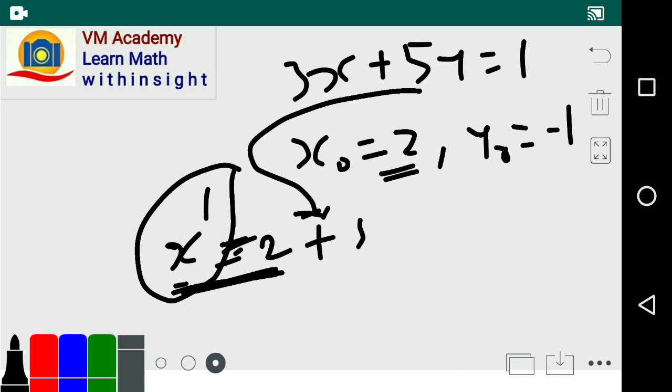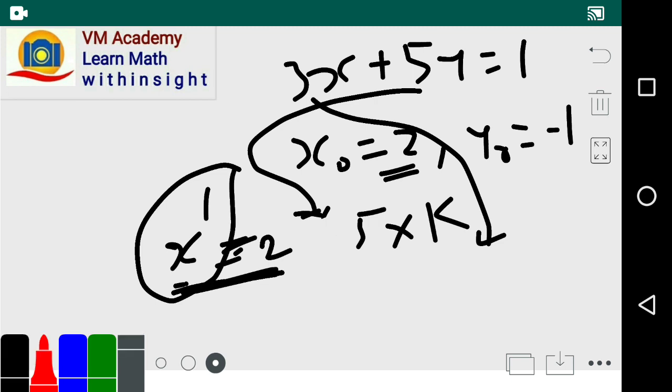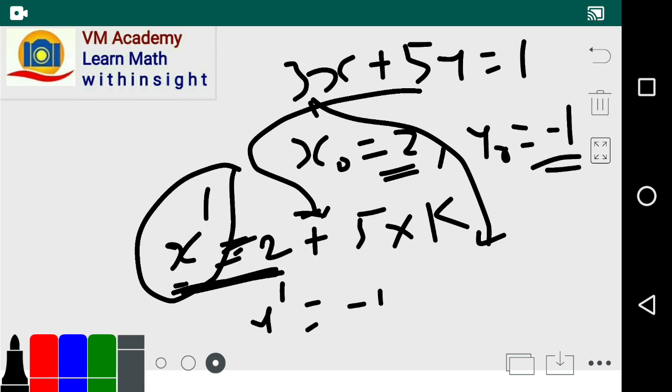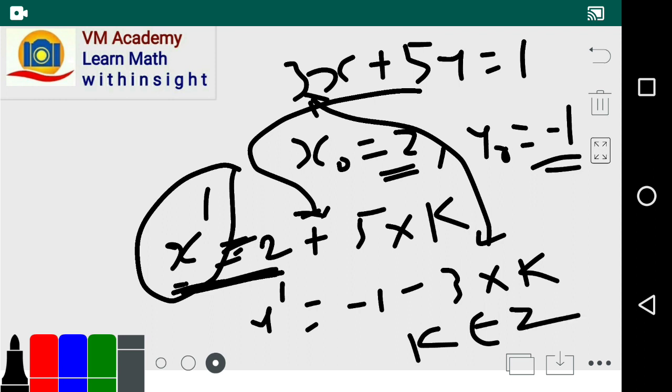If we use 5 times k, where k is an integer, then we have to use the negative of this for y, and if we instead use minus 5 here, then we have to use straightly 3. So calculating y', we take the initial value minus 1 and the negative of 3 into k, where k belongs to the integers, Z, friends.